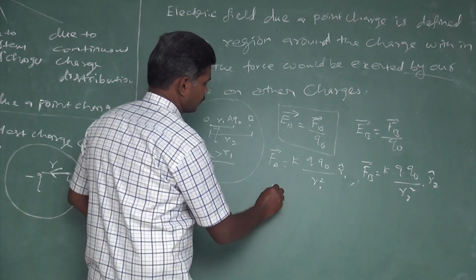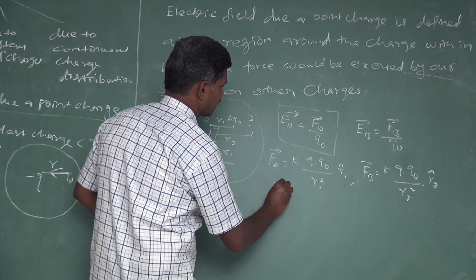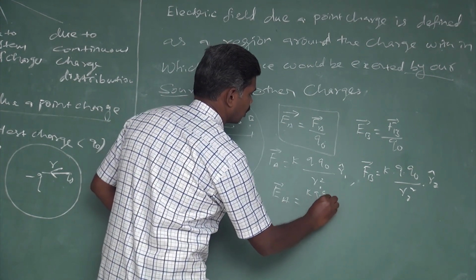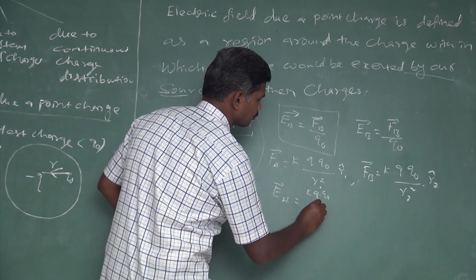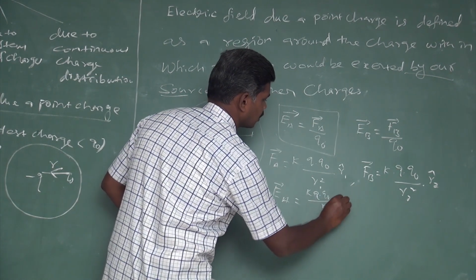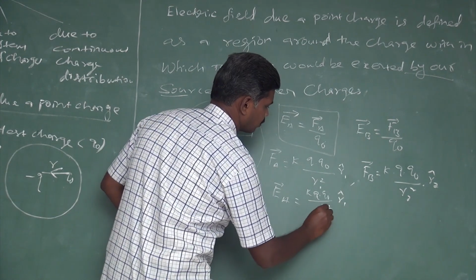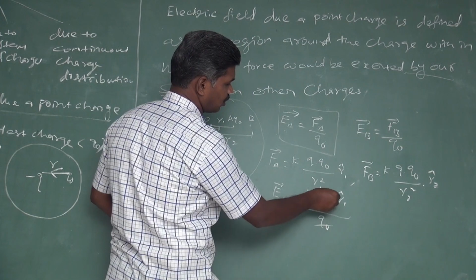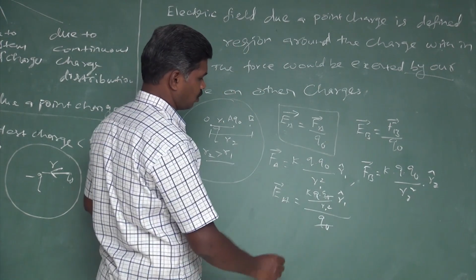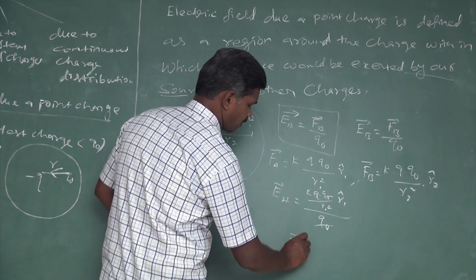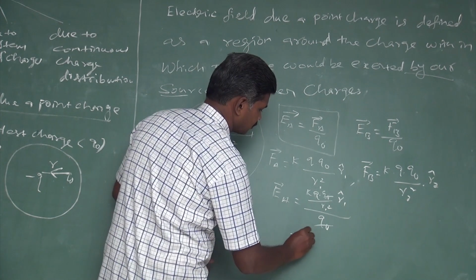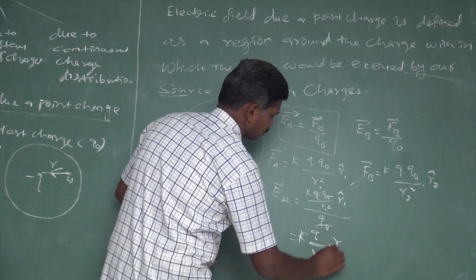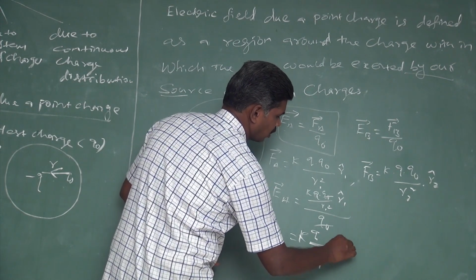If we substitute these two values in our electric field formula, we will get EA vector equal to K Q Q naught divided by R1 squared into R1 cap, then divided by Q naught. So Q naught and Q naught cancel, and we are left with K Q by R1 squared into R1 cap.